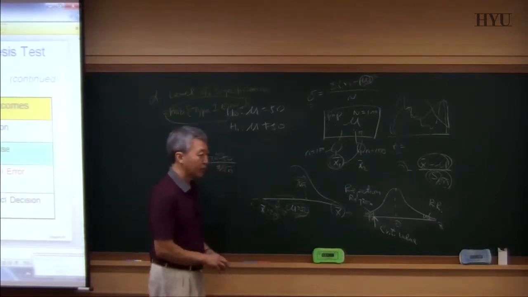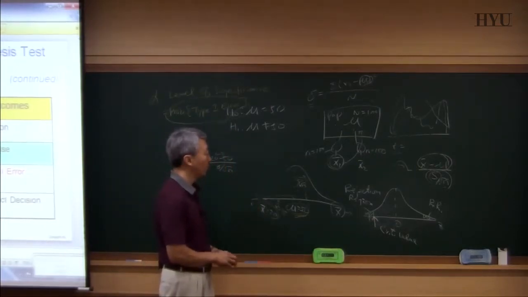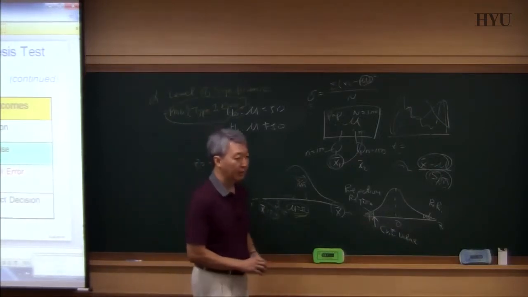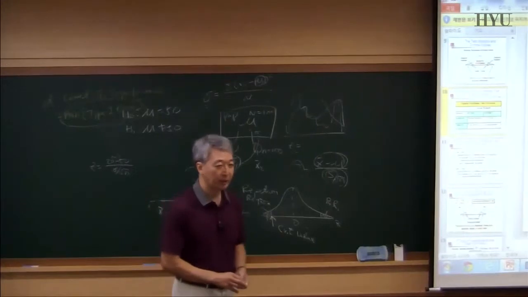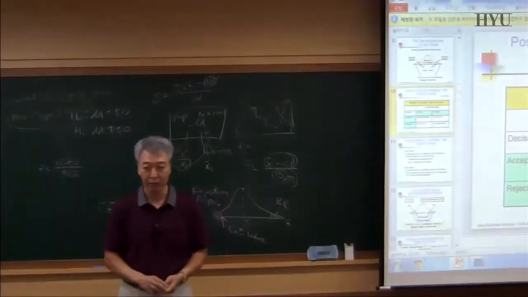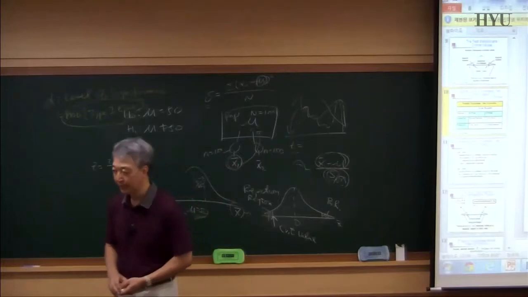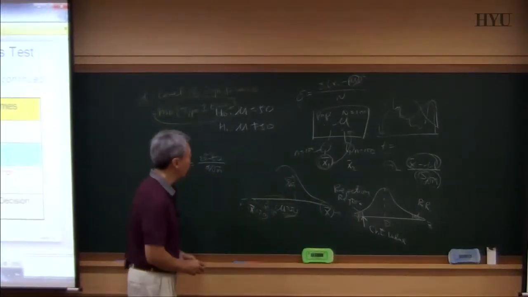But we need statistics because we can't do that. All right. So the fact of life is there is no way you can eliminate the probability of error. You have to allow at least some percentage for error. For this type 1 error, it's up to you.